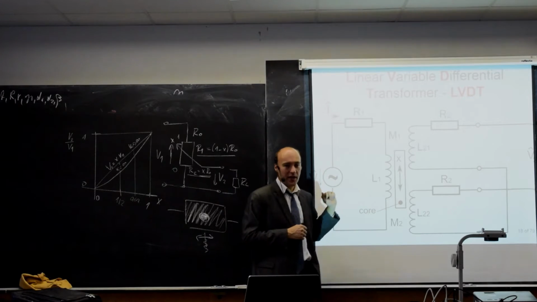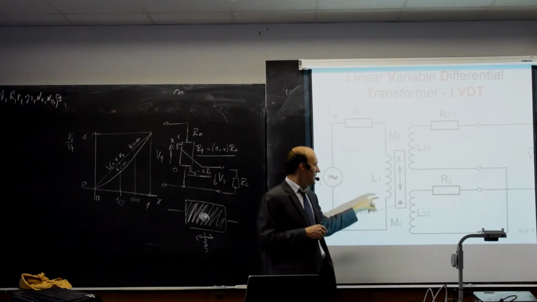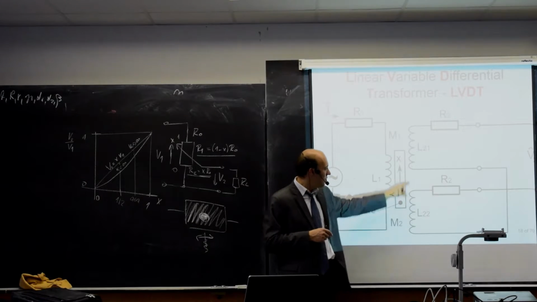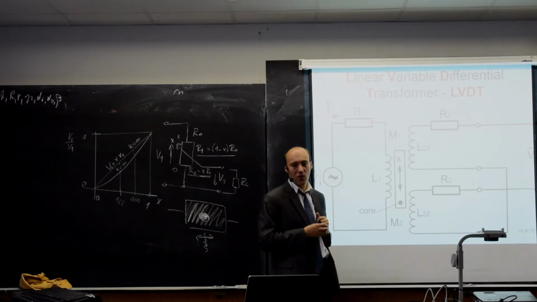This primary winding will create a magnetic field around it, and this magnetic field will pass through the core into the secondary winding 1 and into this secondary winding 2.